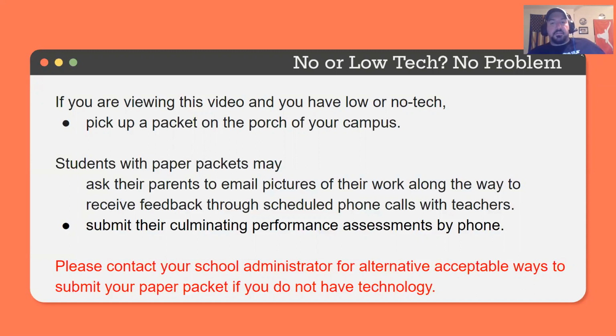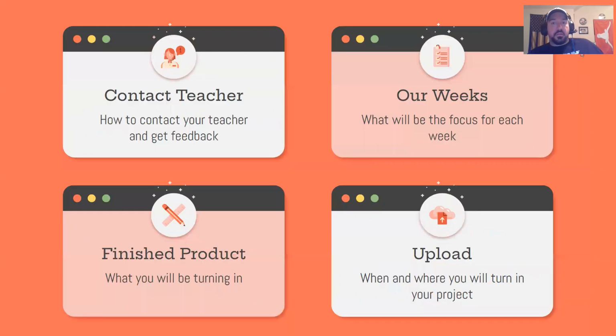So please contact your school administrator for alternative acceptable ways to submit your paper packet if you do not have technology. Again, that is going to be your school administrator, okay? So whoever's handling the packets distribution, that's going to be who you need to talk to, and they will reach out to your teacher, and so on and so forth, okay?